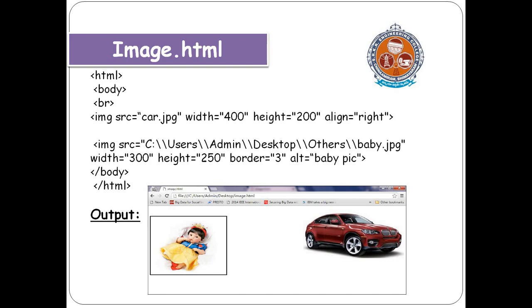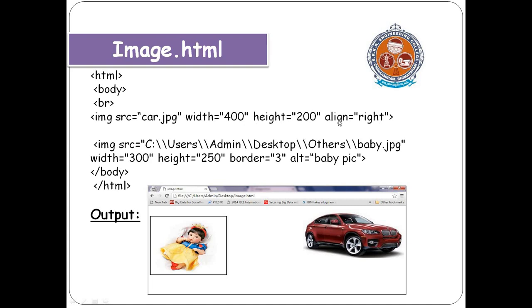Okay, this is an example of an image. Here I created one HTML page, image. Here I created a br, that means a break, so one line will be skipped, so it displays somewhat below the starting of the page. Image src god.jpg, width 400, height 200, align equals right.